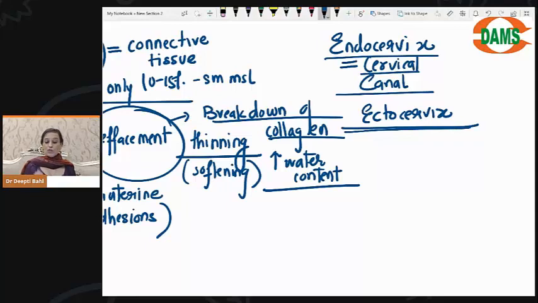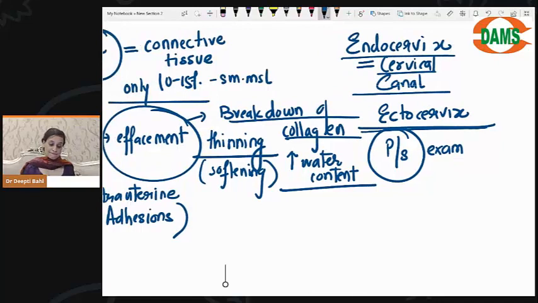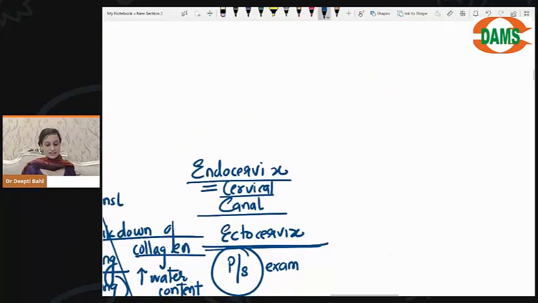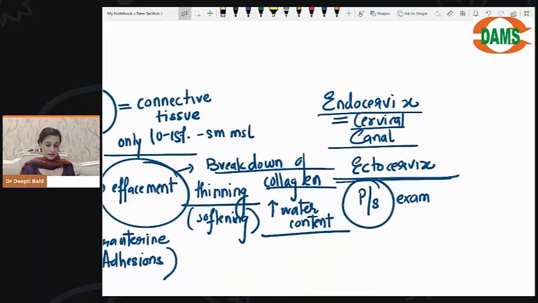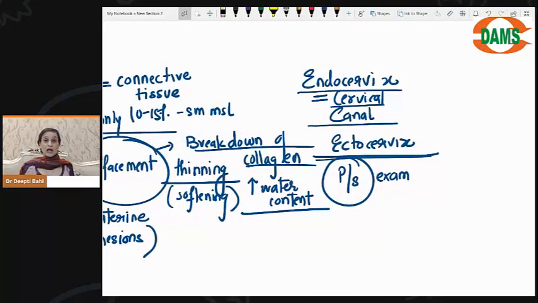Now, what you have to know is that when you do a per speculum examination, PS being a per speculum examination, what is the part of the cervix that you as a clinician will be able to see?